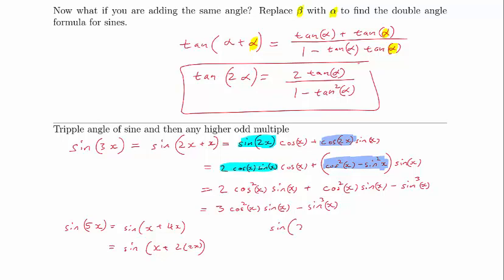sine of 2n plus 1 times x, where n is any positive integer. And then you can break it up like so. You'll have sine of 2 times nx plus x.